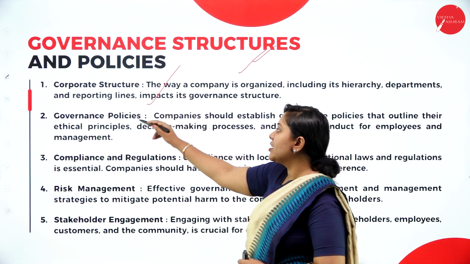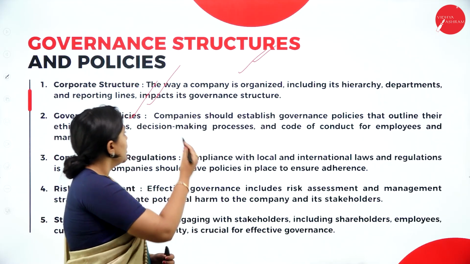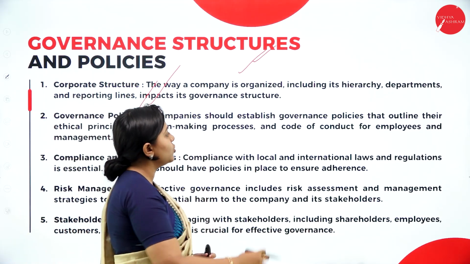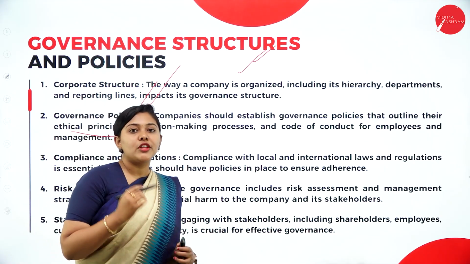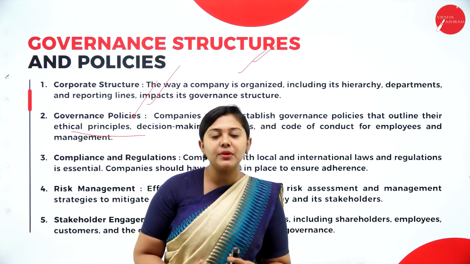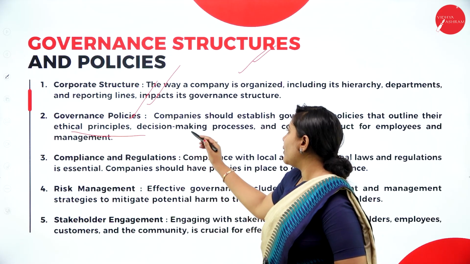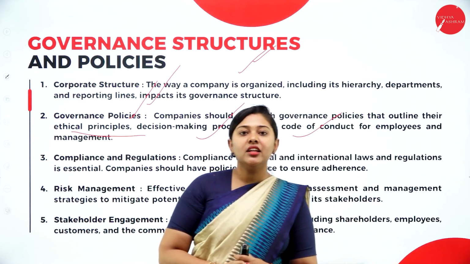The second thing is governance policies. So what do they have to do? Companies should establish governance policies, the rules and regulations that outline their ethical principles. So when the firm is developing rules and regulations, they have to develop them in such a way that they follow the ethical principles, decision making process and the code of conduct for employees and management.